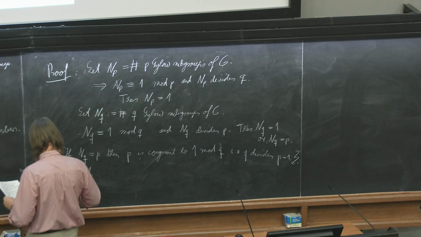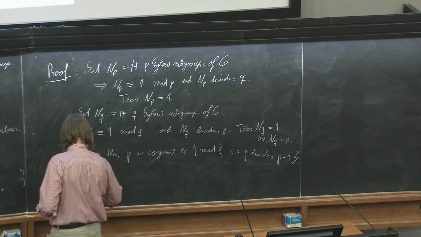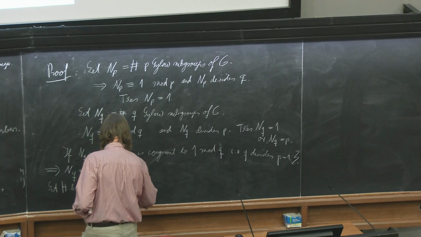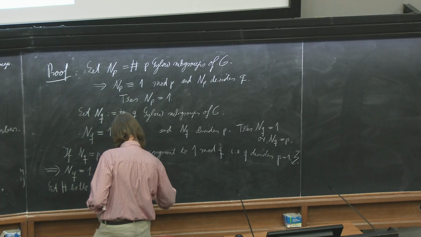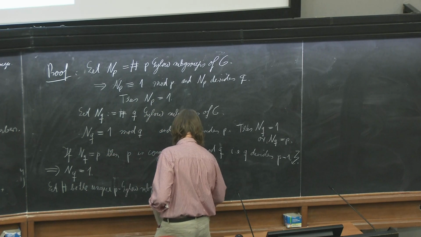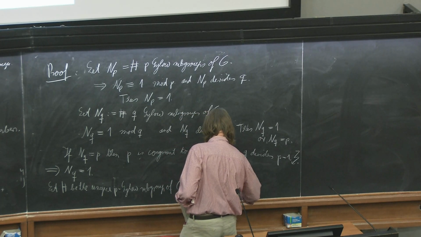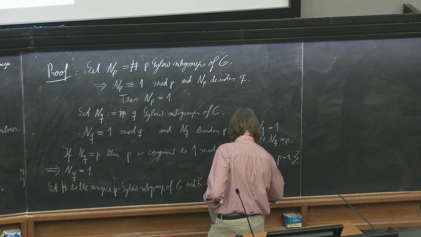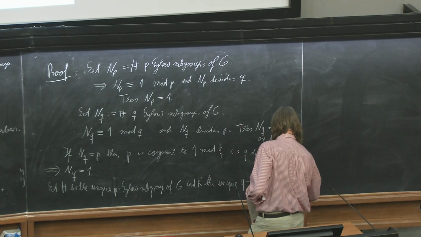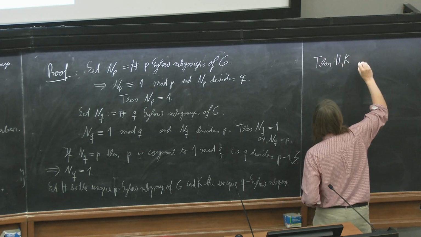So let H be the unique P Sylow subgroup of G, and K the unique Q Sylow subgroup. So then H and K are normal subgroups.